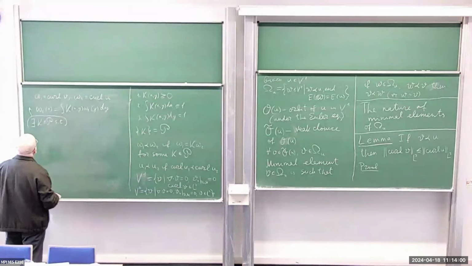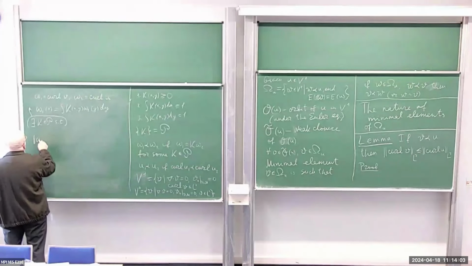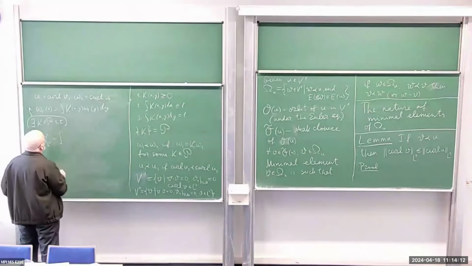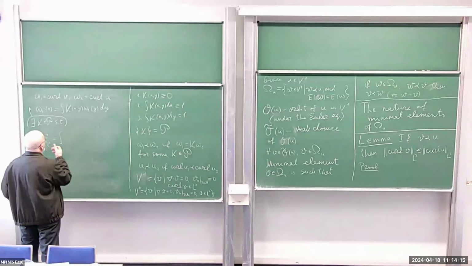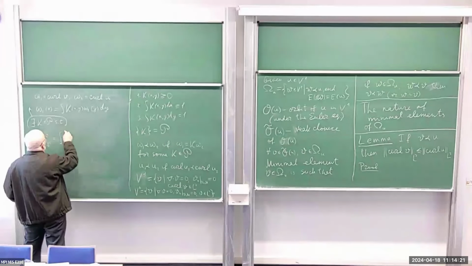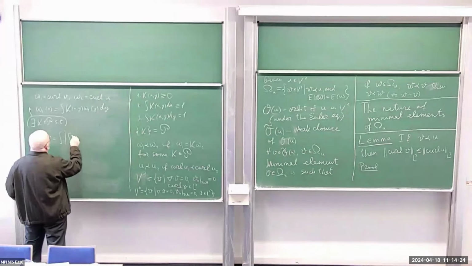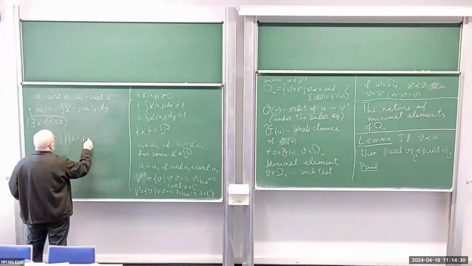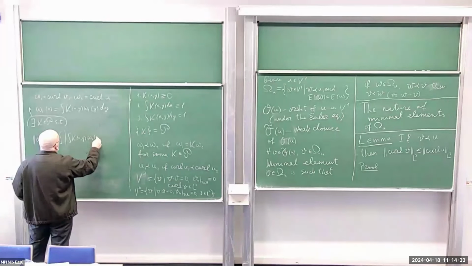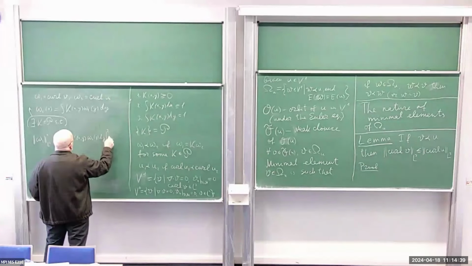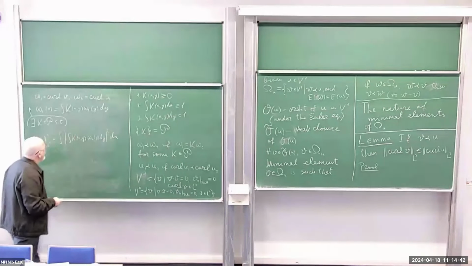Now, the norm of omega 1 in L2 squared equals the integral of the square of the integral k(x,y) omega 2 of y dy, dx.